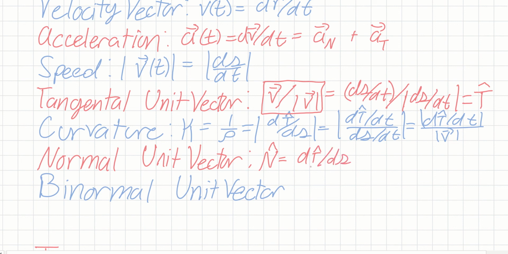dT hat/ds over the magnitude of dT hat/ds. There we go. And then you already calculated the bottom part. This denominator is essentially k, because it's the magnitude of dT hat/ds.